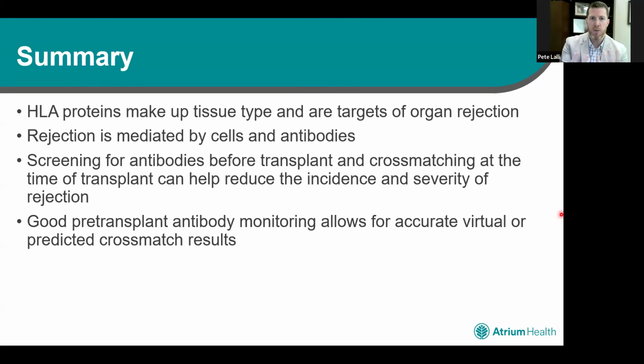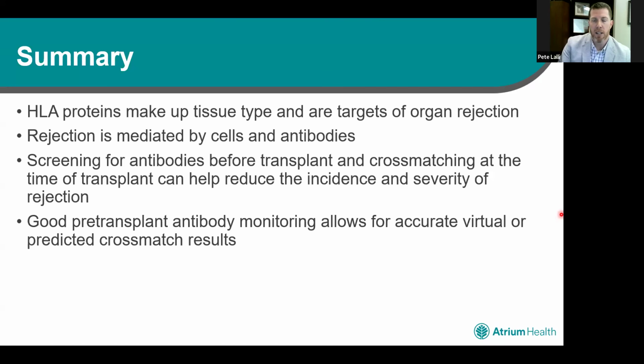So it's from the same individual. So those donor immune cells that you're using in the allo stem cell transplant are going to look at that donor organ and say, yep, I recognize this. This is okay.